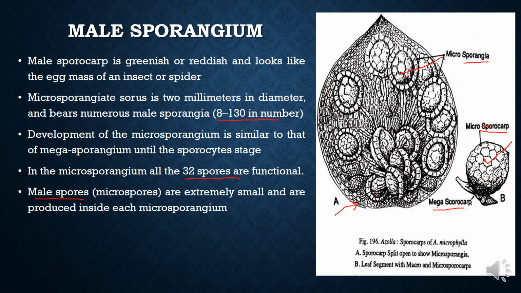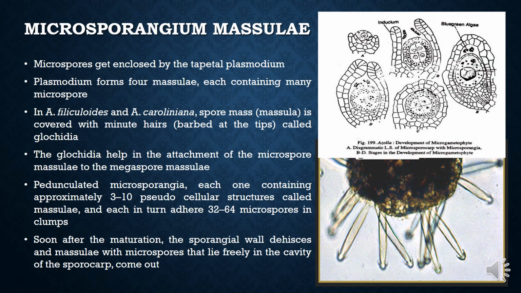So both the sporocarps are closely placed, and also when the spore mass comes out, they occur en masse. This is basically to maximize the chance of fertilization. So this is the structure.